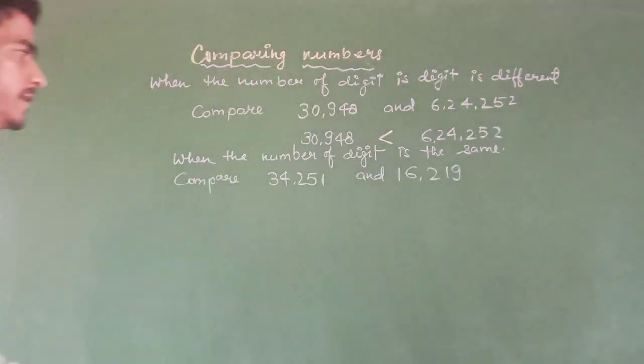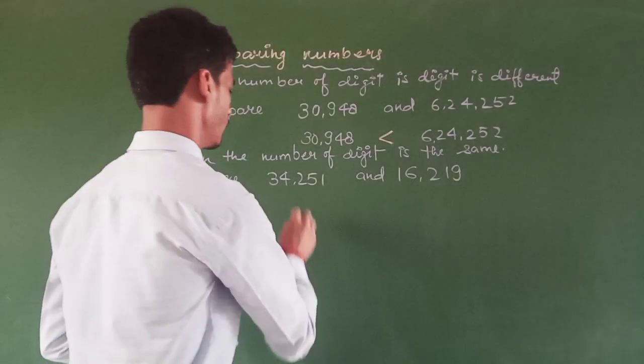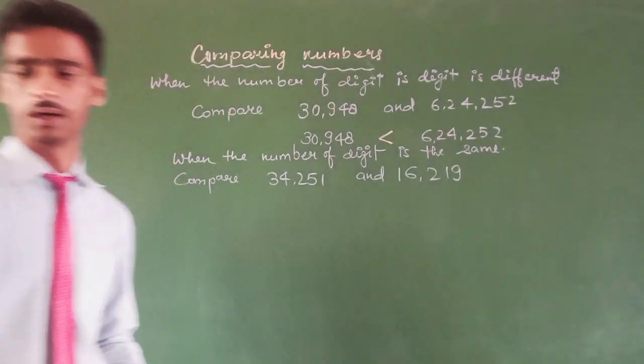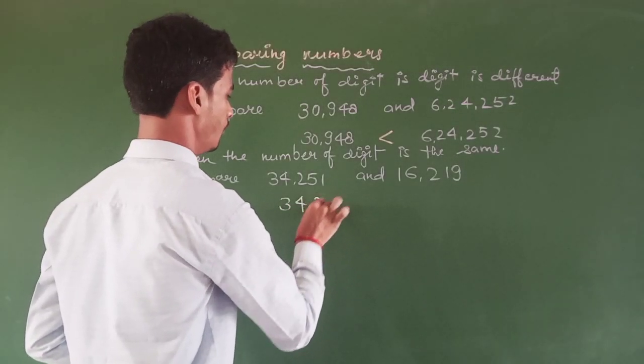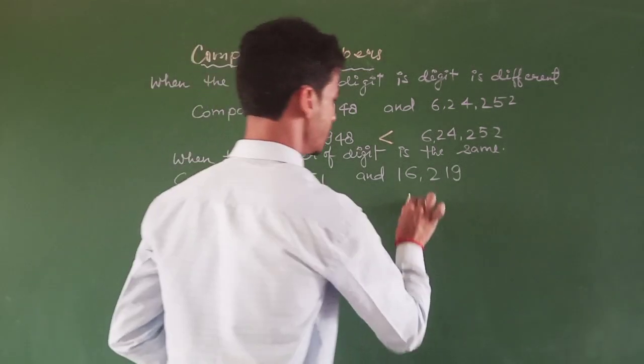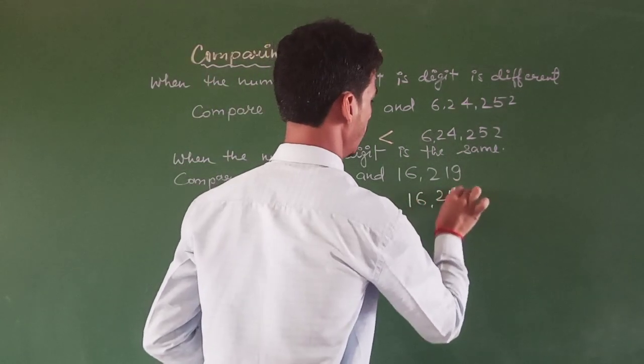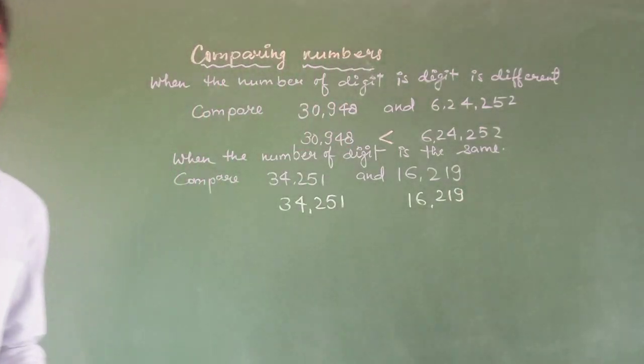In these numbers we can see that when we compare 34,251 and 16,219, firstly we have to compare.